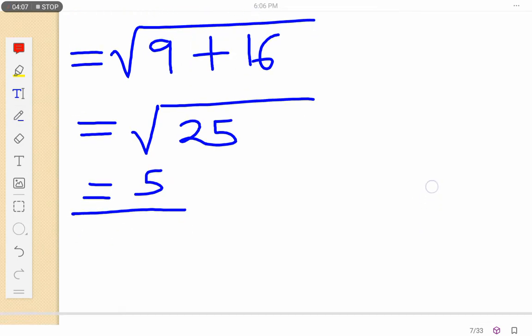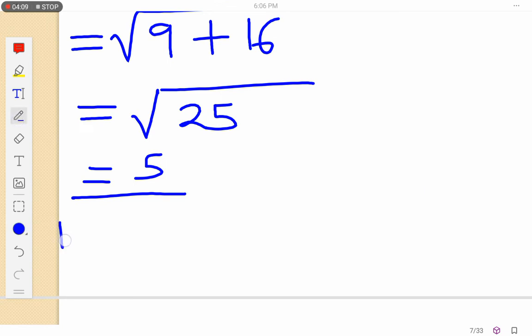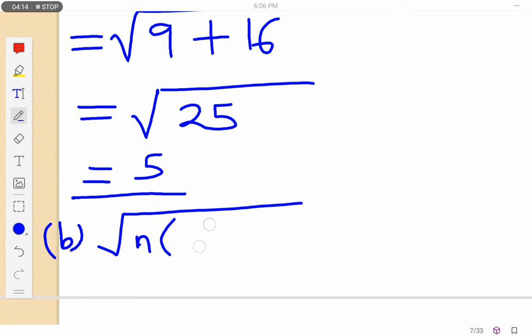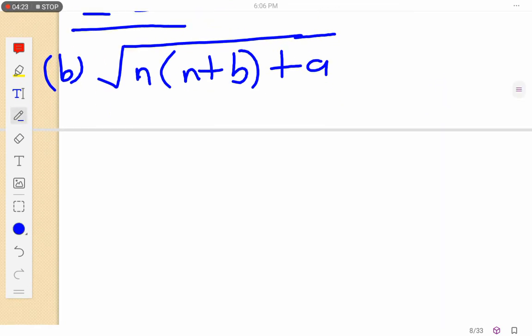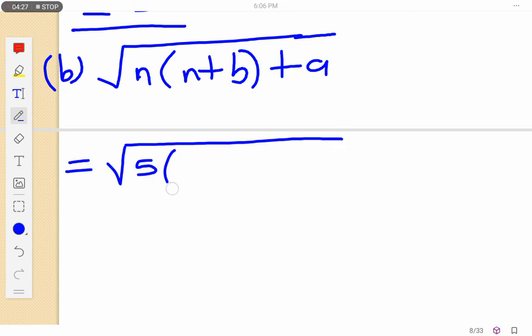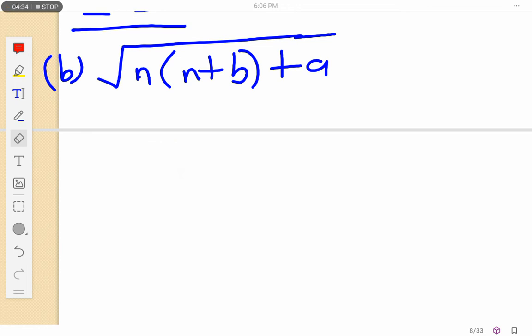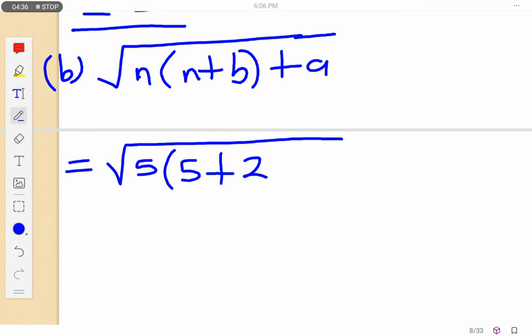Let's move on to part B of the question. It's square root of n plus b plus na, all under the square root. Let's substitute the values that we have. Our n is equal to 5, plus our b is equal to 2. Sorry, I wrote n there instead of 5. Then our a is 1.